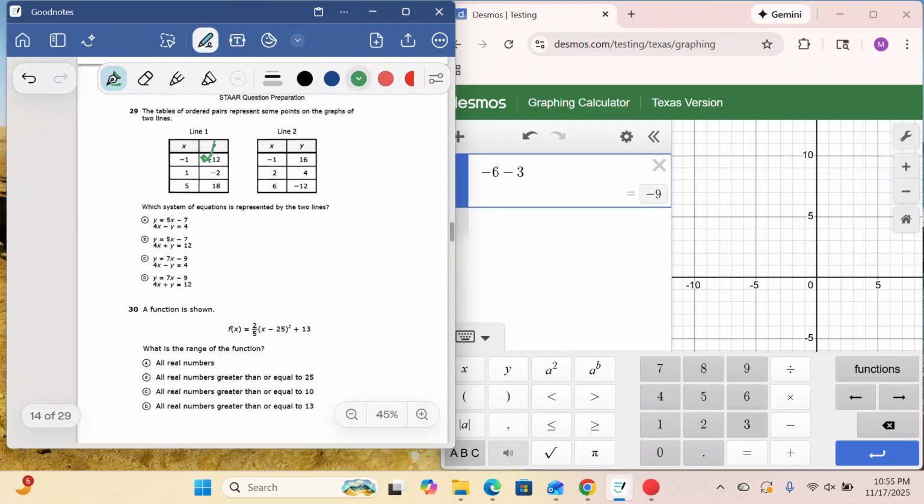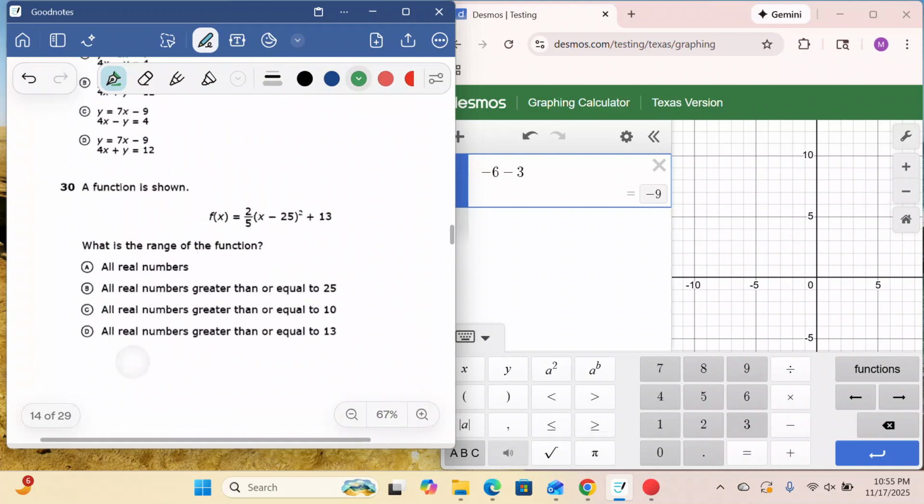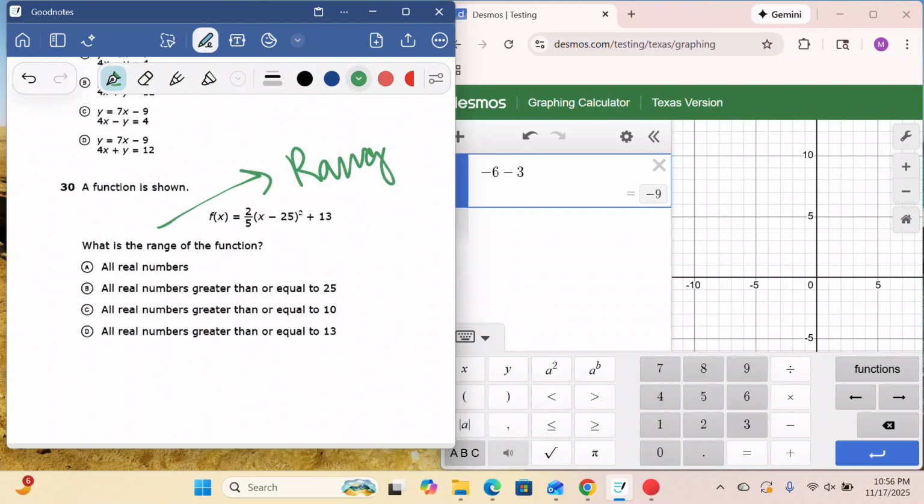So the next one that we are going to be working on is, of course, a function is shown. What is the range? So remember the keyword for range: our range is our y value. So once again, we're going to graph this onto Desmos.